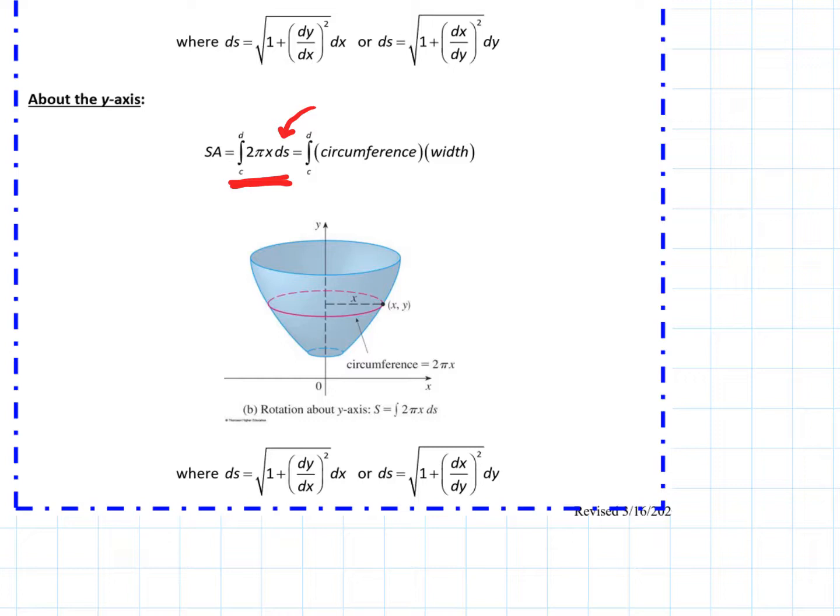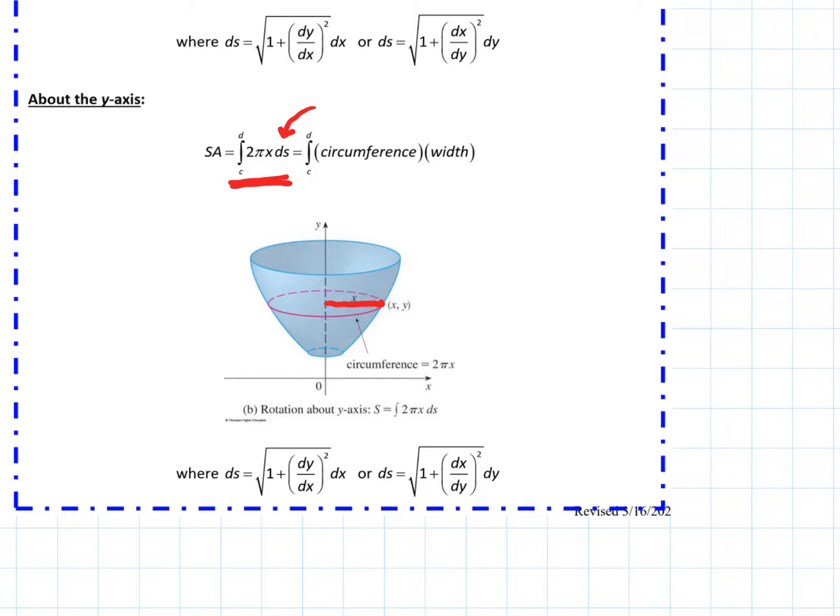Now, for the formula, we're going around the y-axis, so we're going to be looking at 2 pi x. If you look at the picture here, this represents the radius of the bands that we're computing the surface area from. So we want to utilize the formula 2 pi x ds.